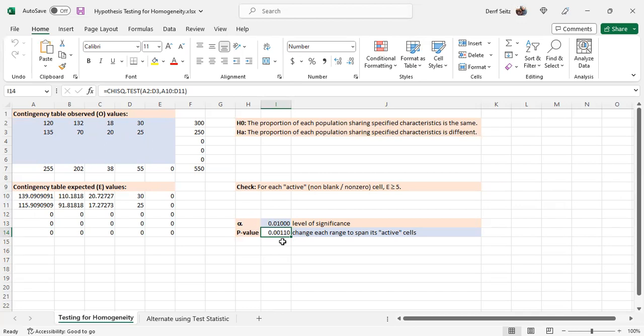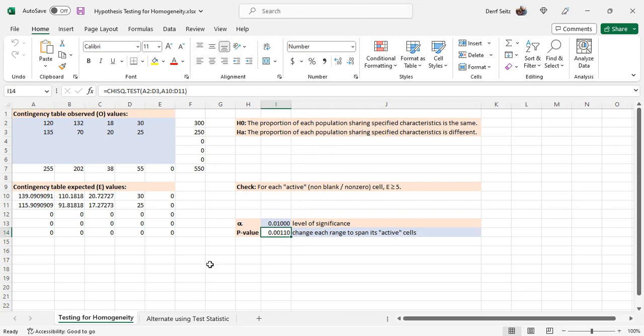That means there is enough evidence, because we have such a small probability here, to reject the null hypothesis, which is what was assumed for making these expected values. We reject it at the 1% level of significance, and then we decide that the proportion of each population sharing specified characteristics is different.